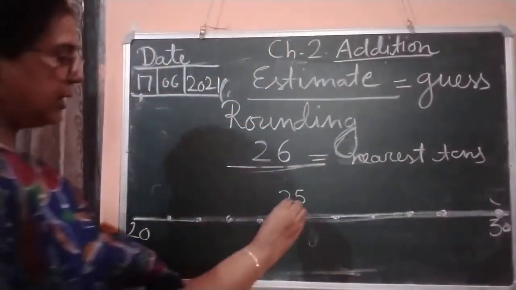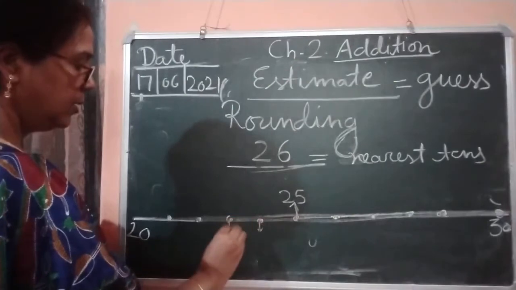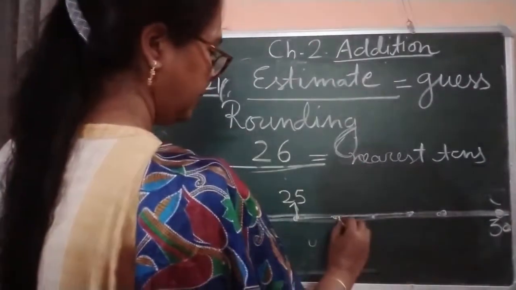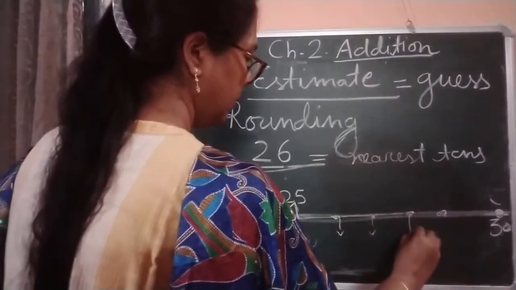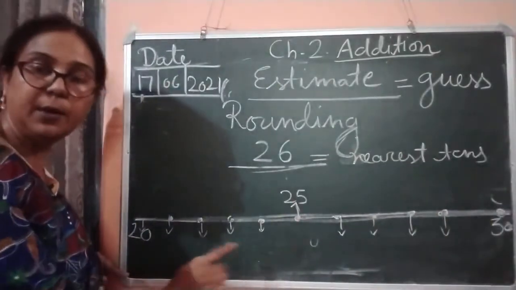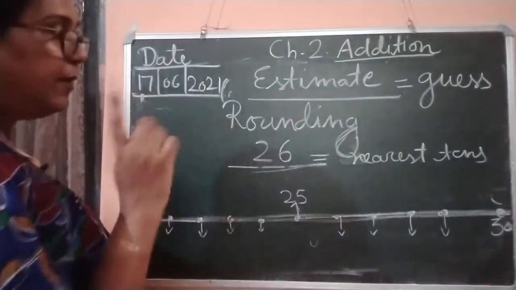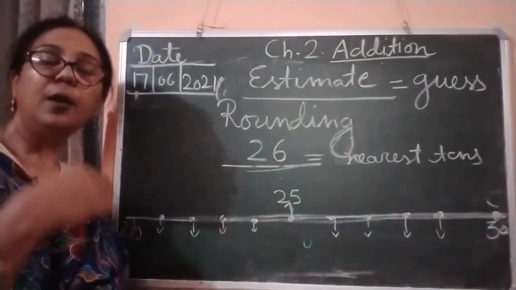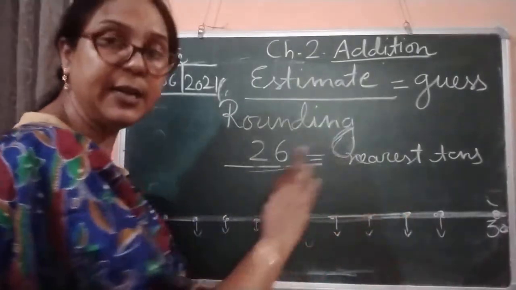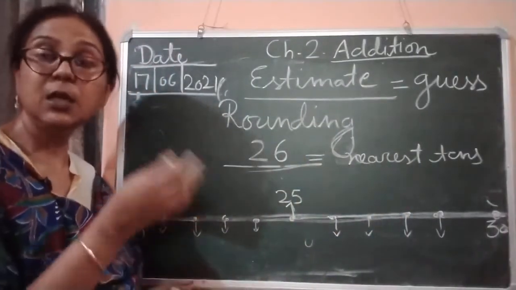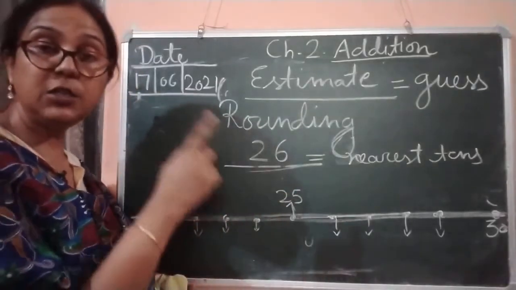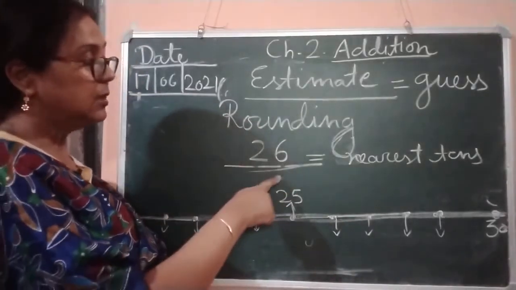Now children, here you can see this is the middle number, 25. When we are going to round any number to the nearest tens, how can we do it? We first consider the ones place.